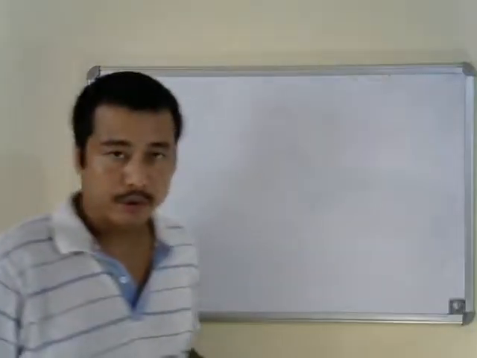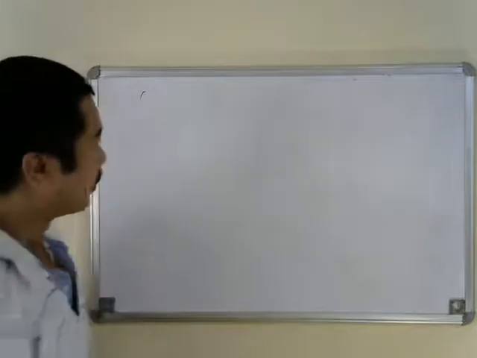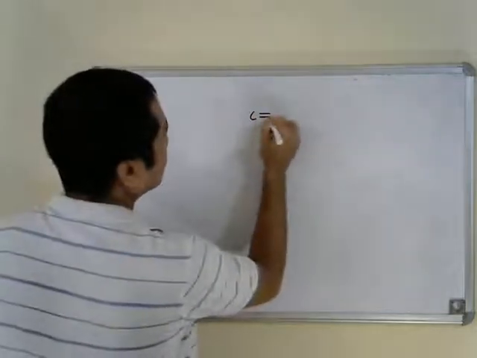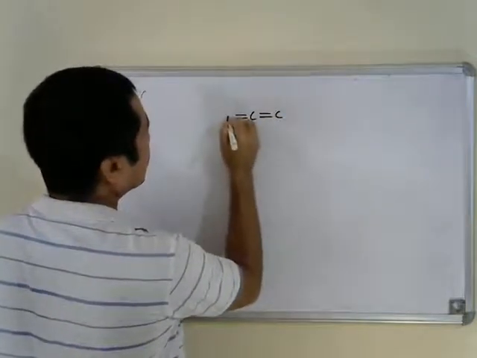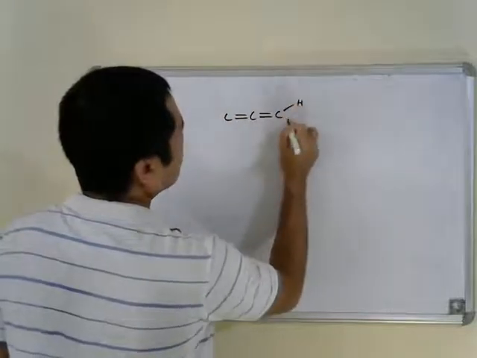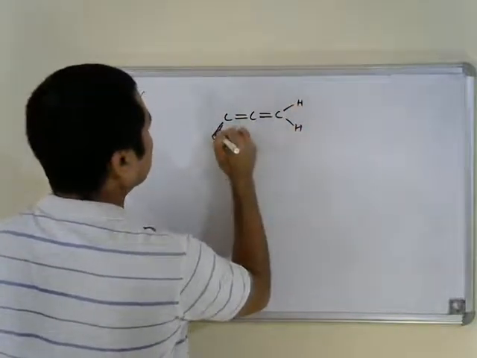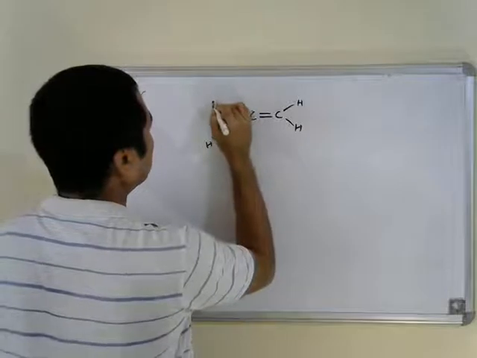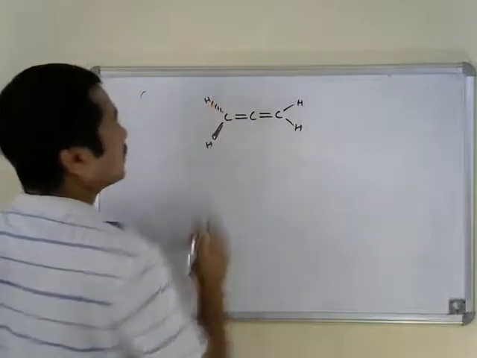So the last molecule for which we will deduce the point group is the allene molecule, in which the hydrogen atoms are on perpendicular planes.